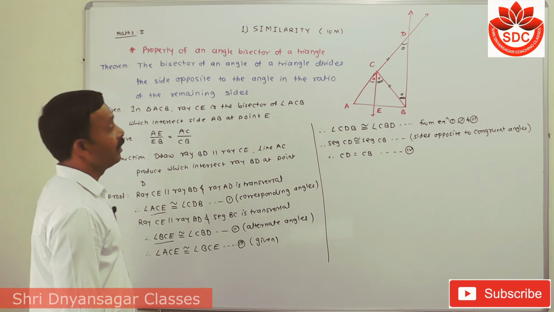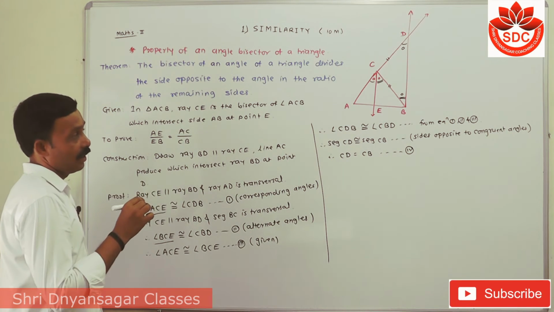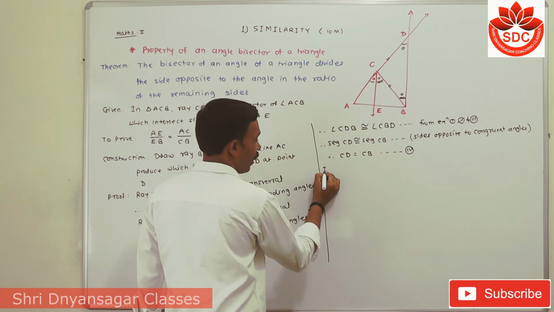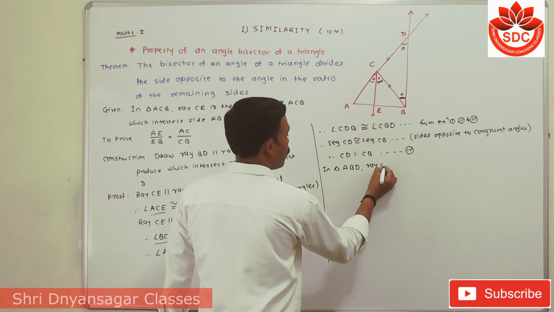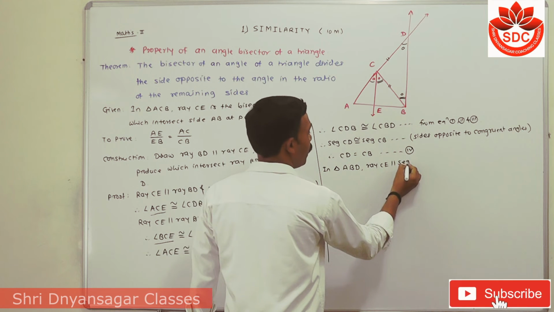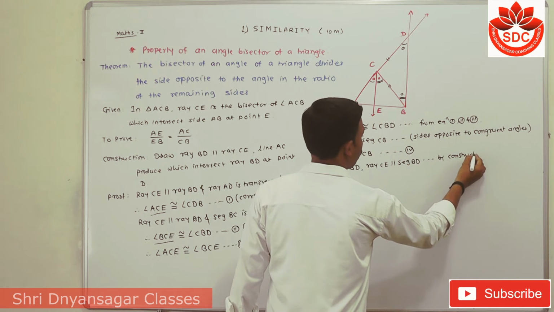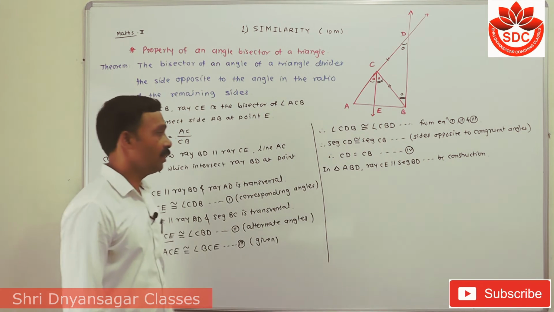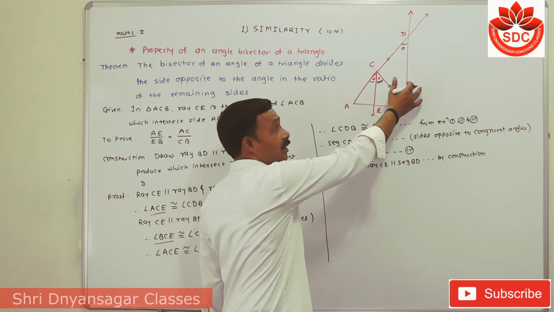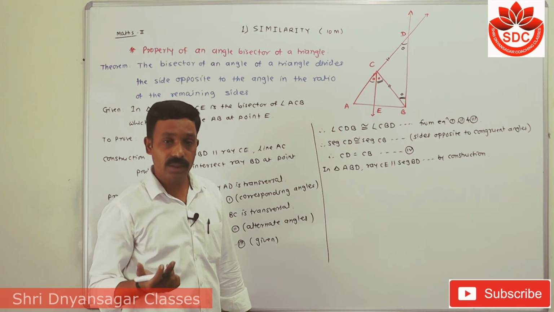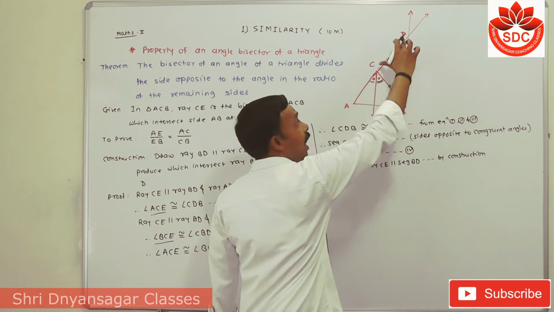Now we take this triangle. Which one is it? Triangle ABD. In triangle ABD, ray CE is parallel with segment BD. This is by construction. Then, student, in any triangle, if a line is parallel to a side and intersects the remaining two sides at distinct points, then by using the basic proportionality theorem, these ratios are equal.